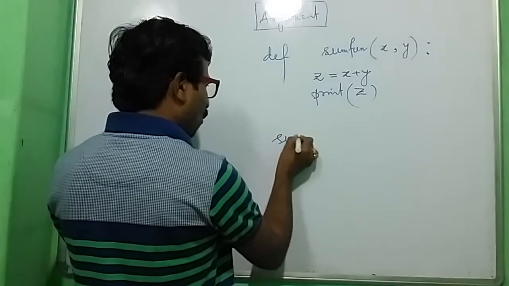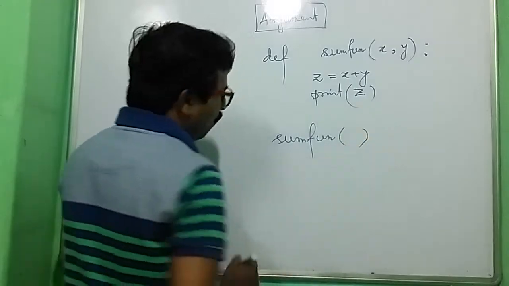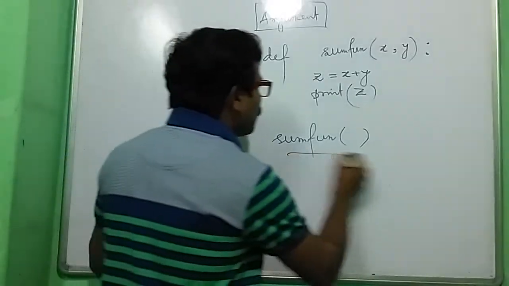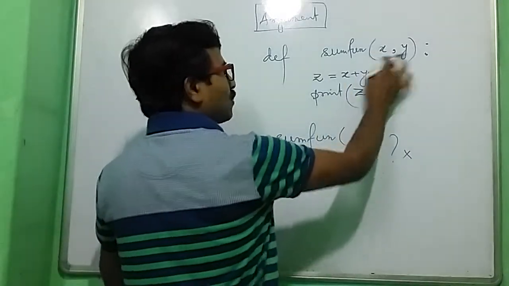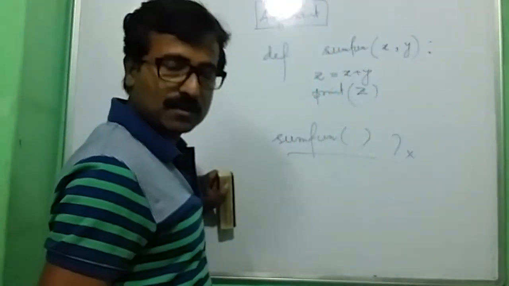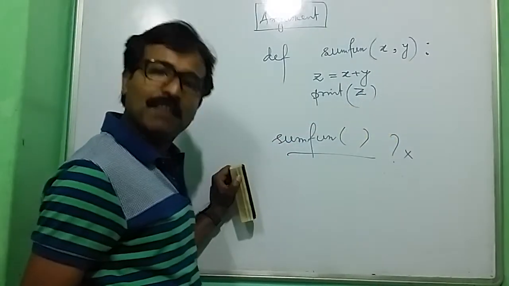Now if you call it this way, it will show an error, because the sum function requires two values to be passed. You cannot call this function without passing any value.